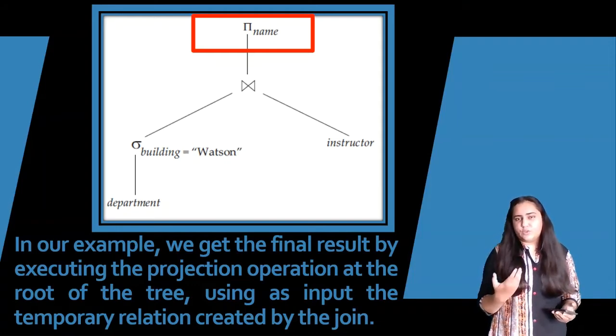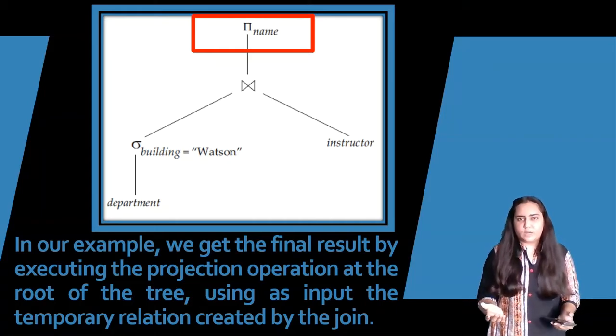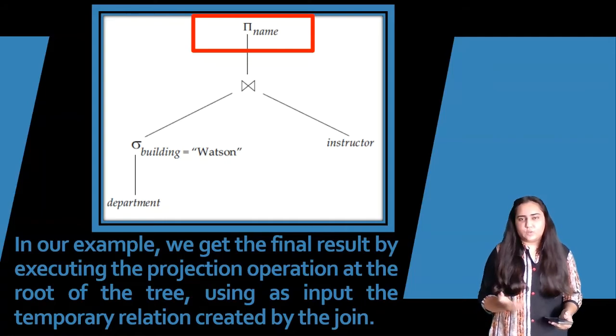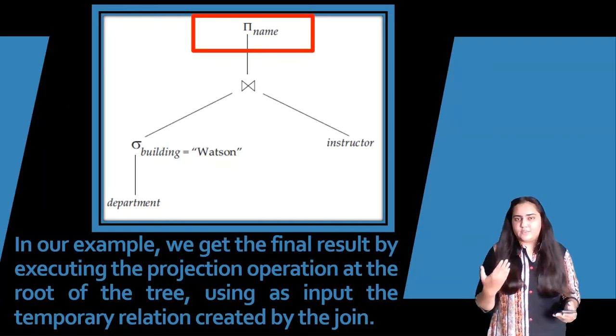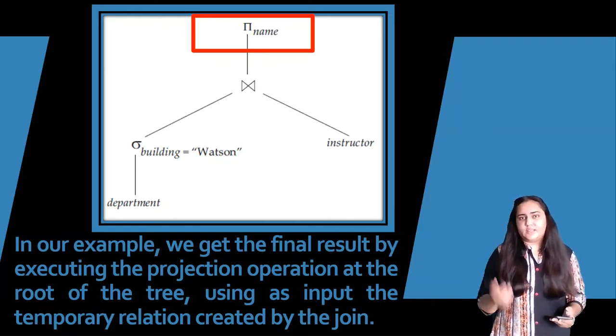So when you write a simple SQL query, all these things go on behind the scenes. So you won't realize it, but this is what happens behind the scenes when you are trying to run a really small SQL query. It gets converted into an evaluation plan, and then that plan is executed.